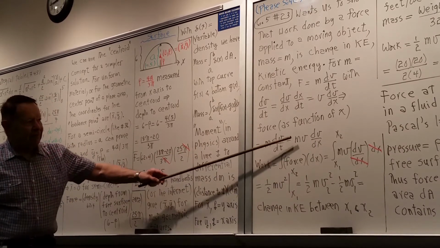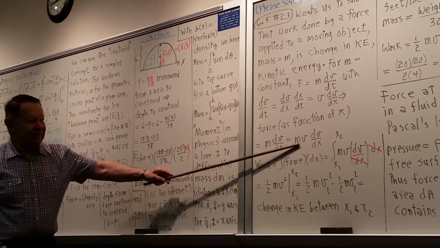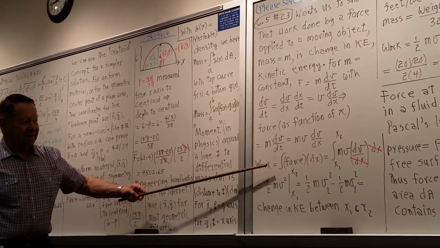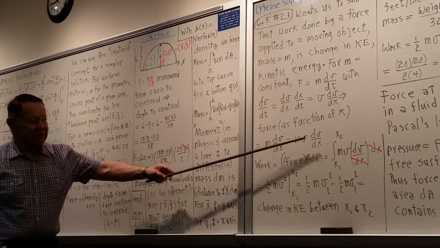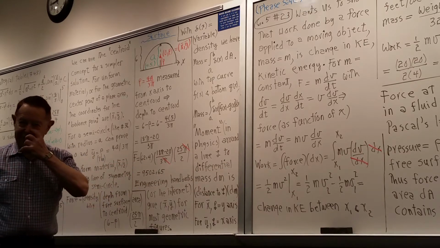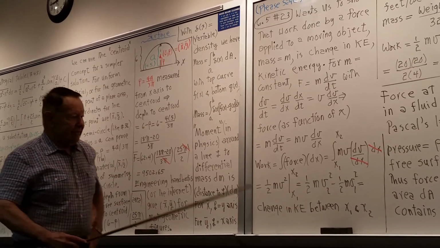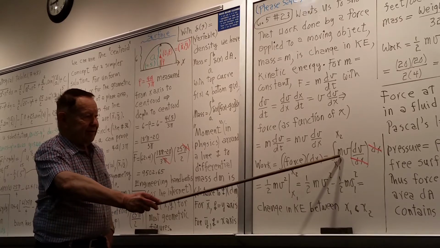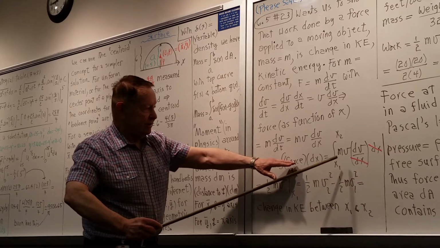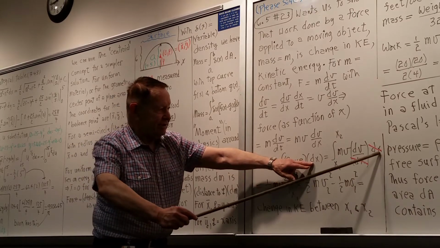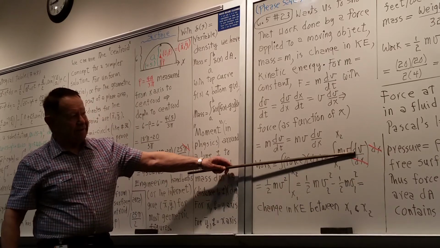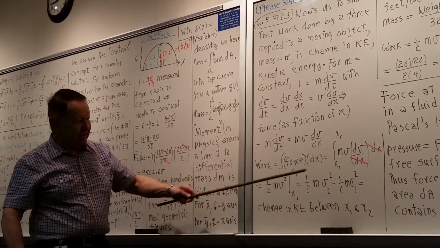So then if you want to integrate this between limits on x, the idea being that your velocity would change from one position to the other, and so your kinetic energy would, then you'd have m v dv/dx, that's your force, and then this dx is this one.